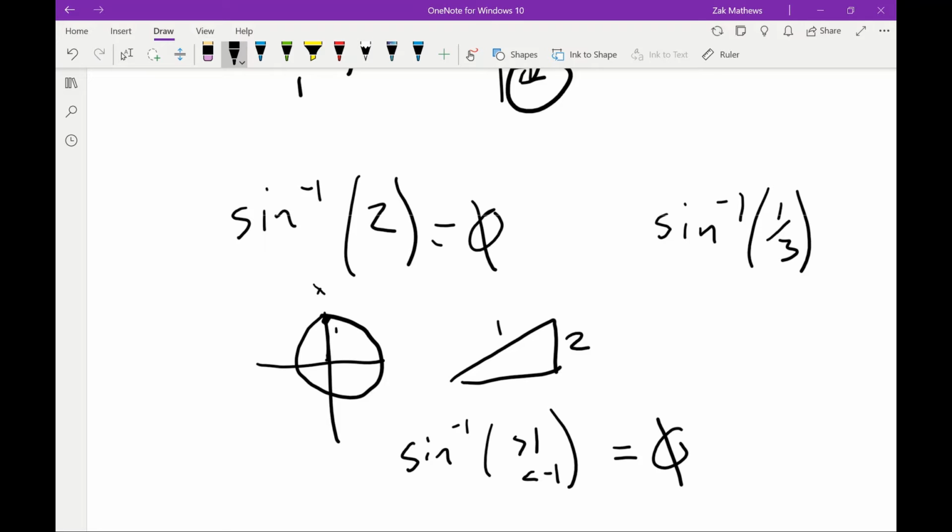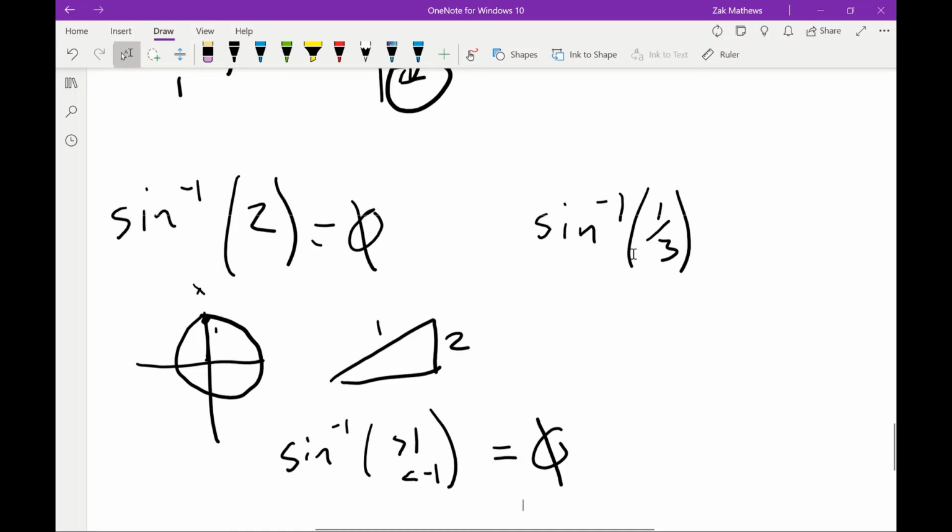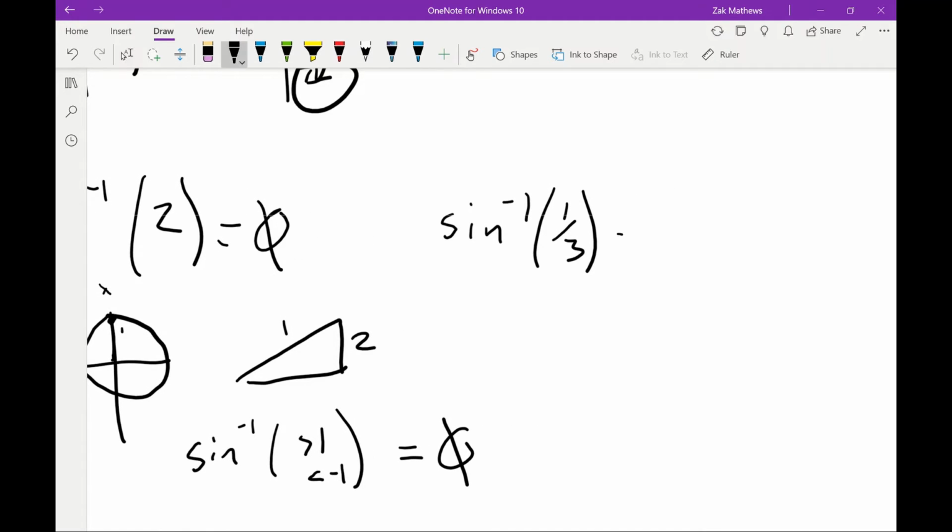Now coming back over here to the other one that I wrote up, the inverse sine of 1/3, this is absolutely doable, but this is something that we have to do in the calculator. And so when we type this into the calculator, we get an angle from the ratio. We get an angle of approximately 0.3398 radians.